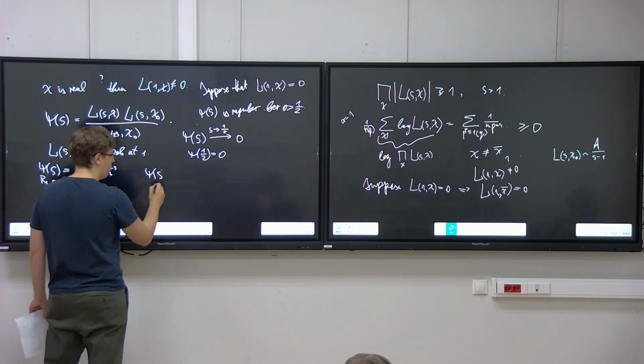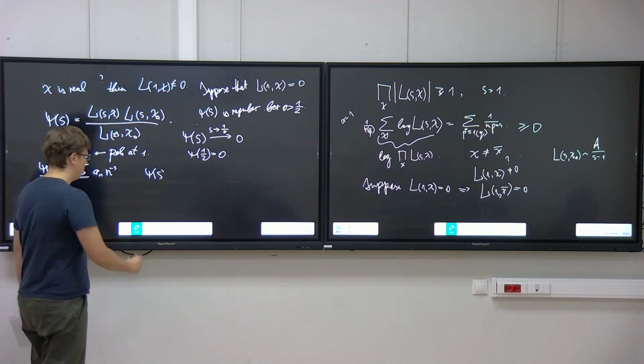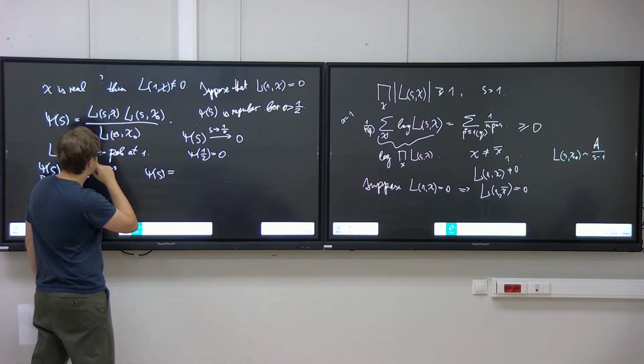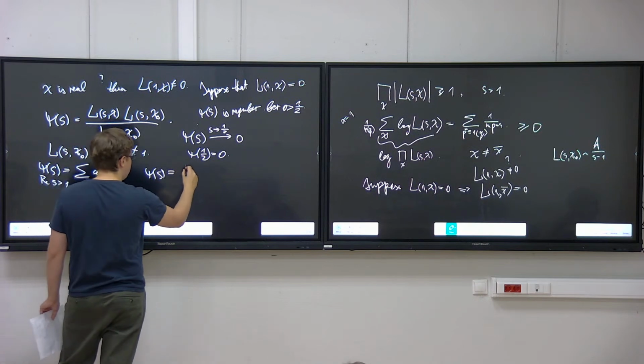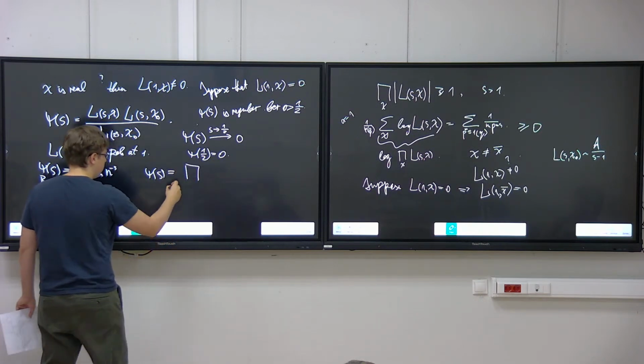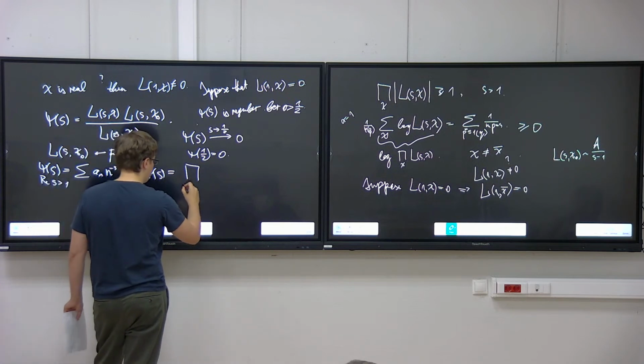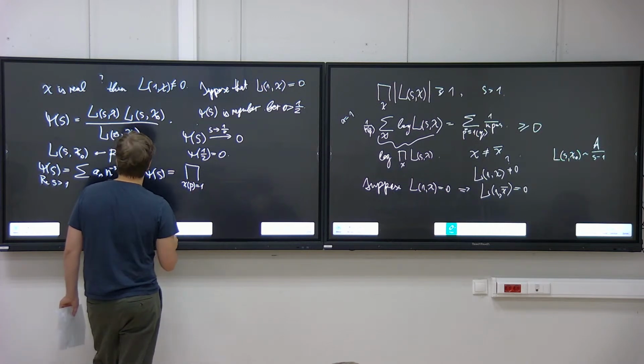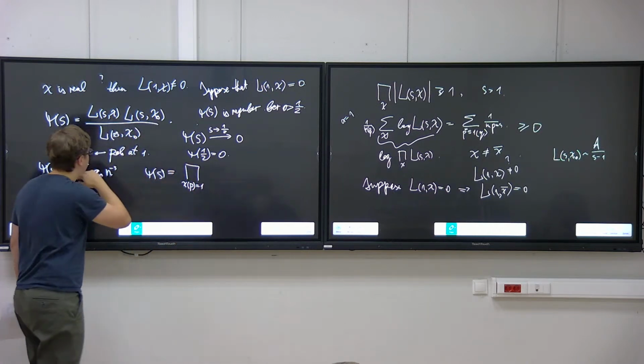Of course, it has an Euler product, a product over primes, but we have two cases. Chi of prime is 1, and then what do we have?